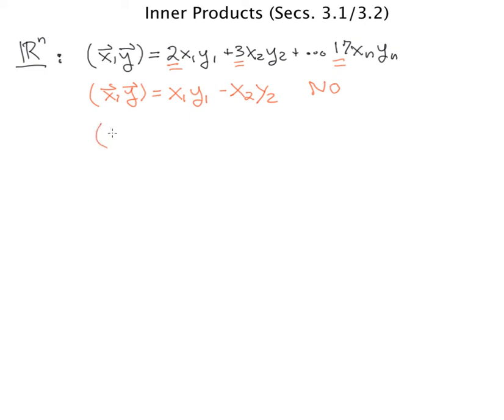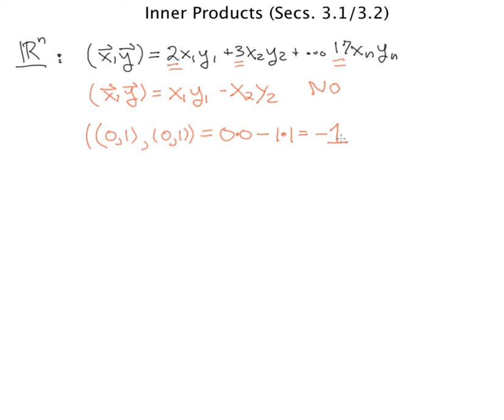If you took the vector (0, 1) and took its inner product with itself, you would get 0 times 0 minus 1 times 1, which is minus 1. And we don't want to have vectors of negative length. For one thing, I don't know how to take the square root of minus 1, so that's not an example.